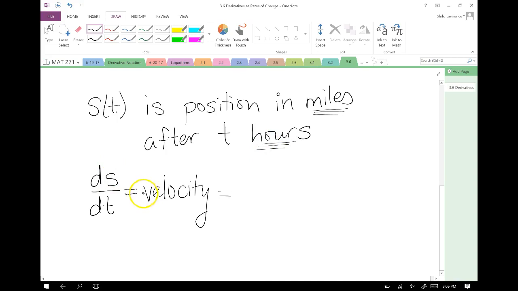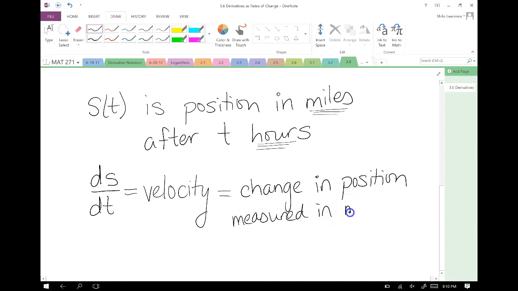So velocity is being measured now in miles per hour. So this is change in position measured in miles per hour. And I figured that out just based on where my variables are in the notation. I have s in the top and I have t in the bottom.